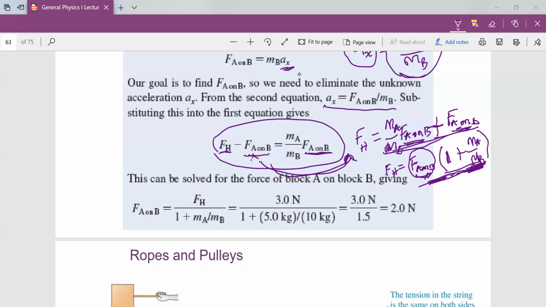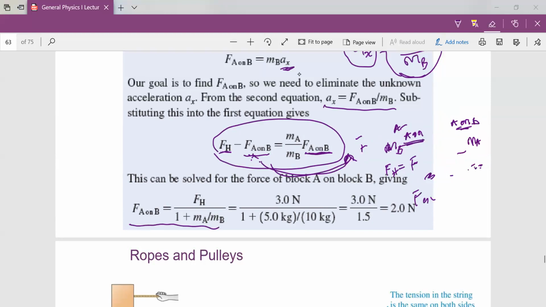But in this case, we're dividing both sides by the coefficient of the object we're making the subject of formula, which will give us FA on B. That is the expression we have here. So I have arrived at the last expression for the force of A acting on B, which is the force we're asked to look for. We just substituted the parameters given.